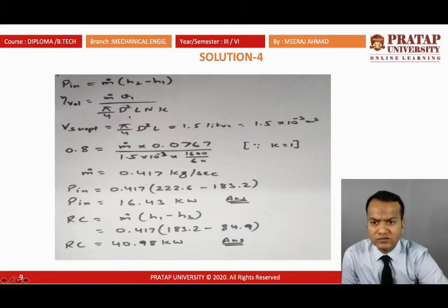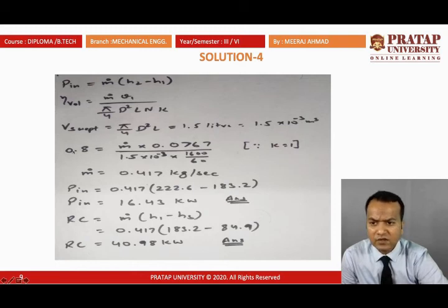Here in the question, the number of cylinders K should be equal to 1 because the number of cylinders is not given, so you can assume that the K value is equal to 1. The swept volume, pi by 4 d square L, is given as 1.5 liter. This should be converted into meter cube, so 1.5 into 10 to the minus 3 meter cube will be the swept volume.